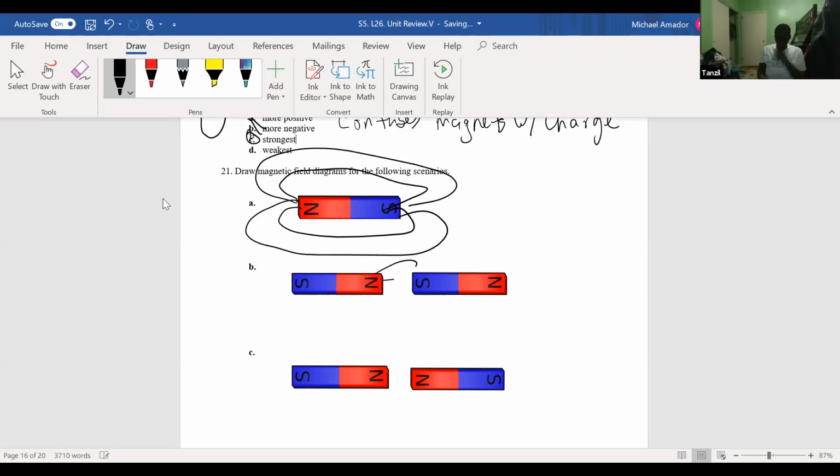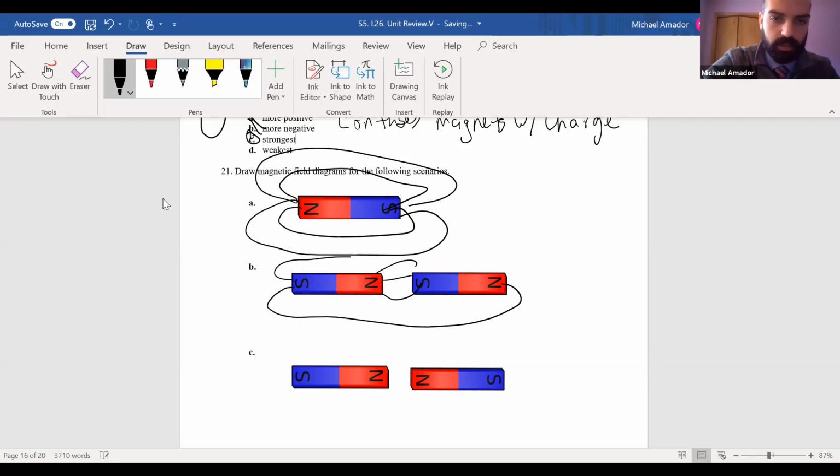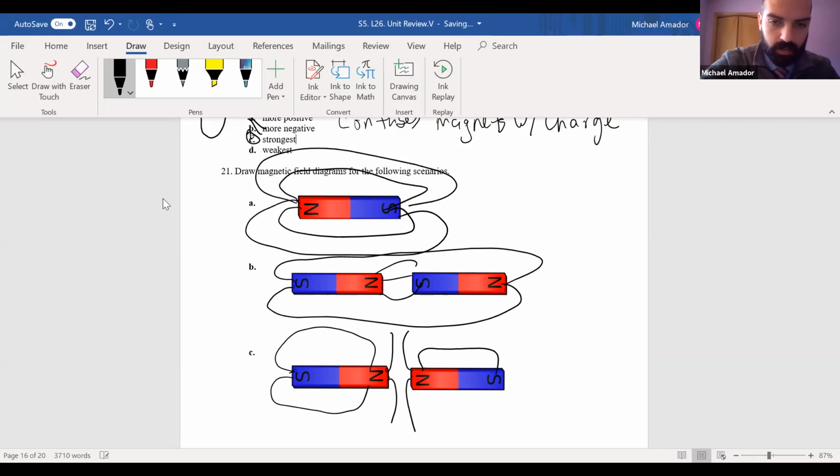If you already did B, you may have drawn the magnetic field lines like this. And if you did C, the magnetic field lines would go like that. And these ones could actually extend all the way to the back.